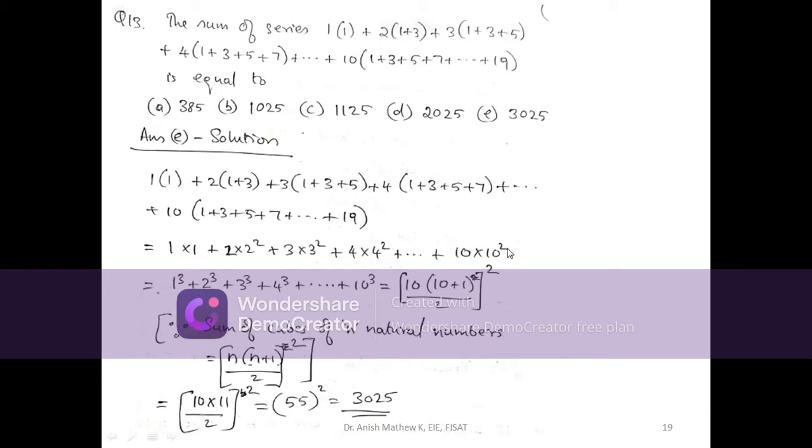Now 1 into 1 square is 1 cube, plus 2 into 2 square, that is 2 cube, plus 3 cube, plus 4 cube, plus etc. The last term would be 10 cube.